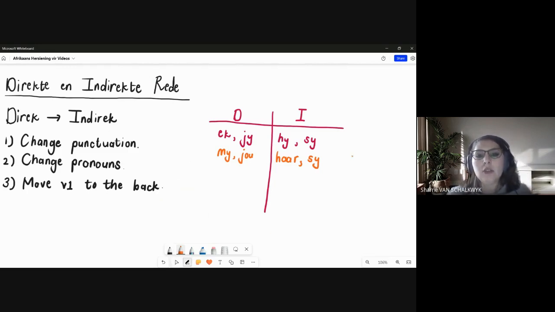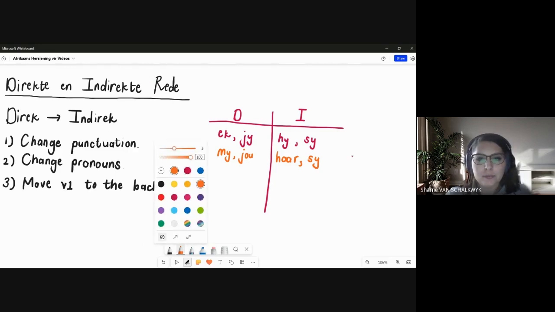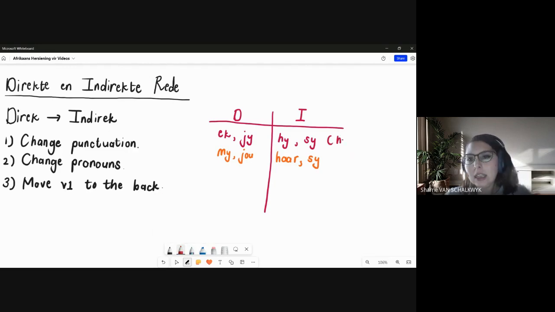So let me just repeat this second one. If I have my shoes or your shoes and I retell it, she likes her shoes or he likes his shoes. So in this first instance, that is he and she.